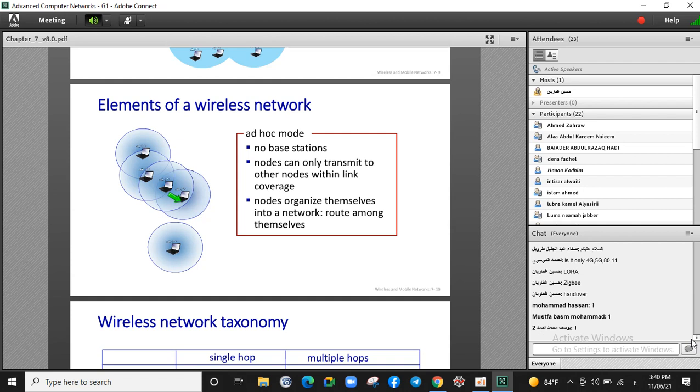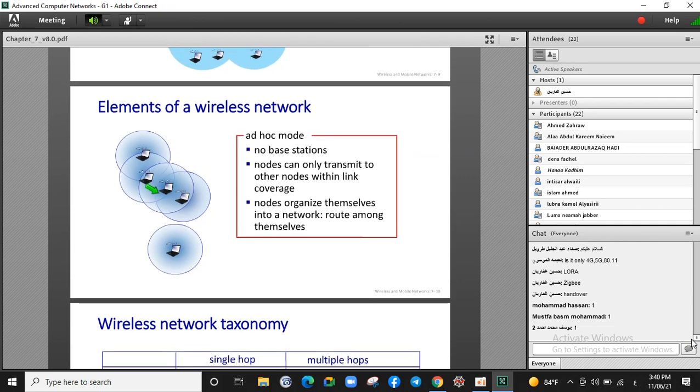Here, for example, we have 4 different wireless nodes. They can set up an ad hoc wireless network. They can communicate together through these paths between them. But look at the node in the bottom of this slide.